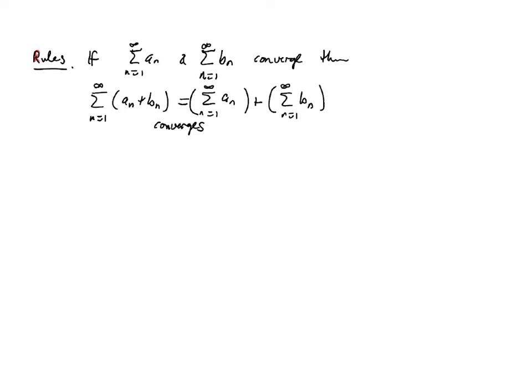So the rule is that if you have two convergent series, then the series of the sum is the sum of the series. And it is absolutely crucial that you start out with two convergent series. If you try and do this with divergent series, things can go bad, and you can't really draw any good conclusions from that. We have similar rules for the series of difference terms and for the series of constant multiple.